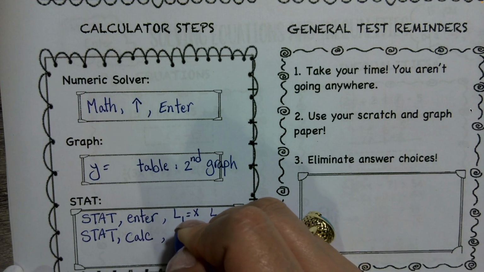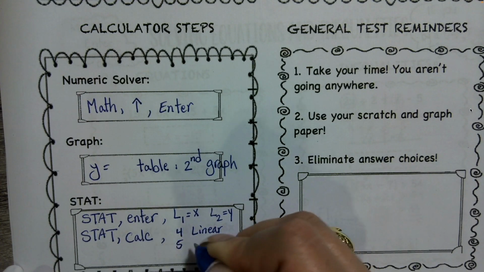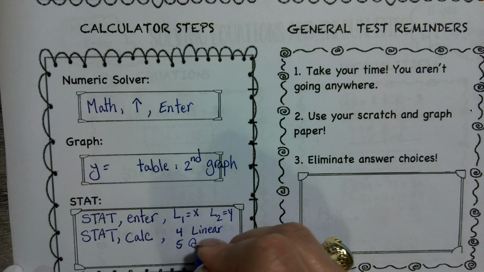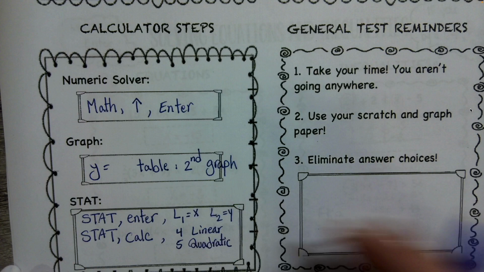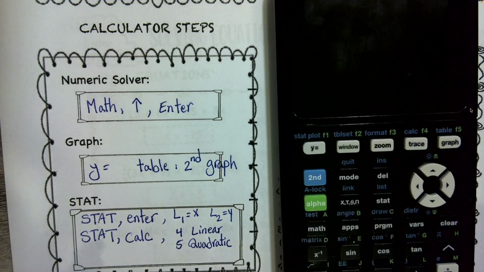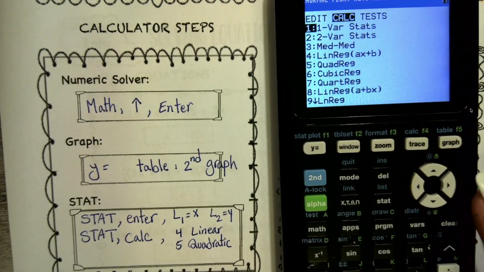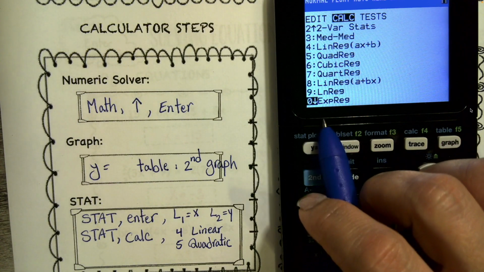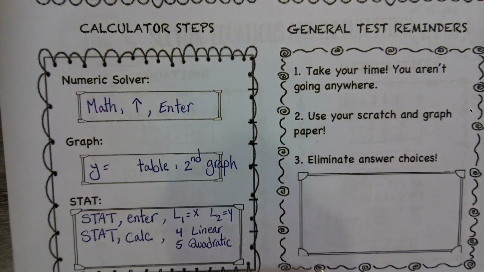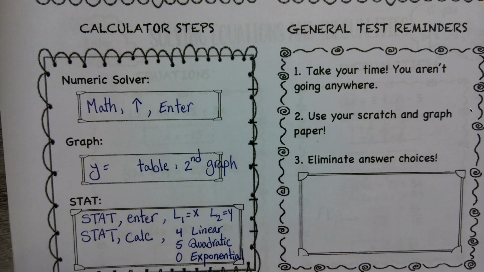Then you do number 4 for linear, number 5 for quadratic, and I'm not sure which one is for exponential, let me just check. So stat, calc. So 0 for exponential. Okay?